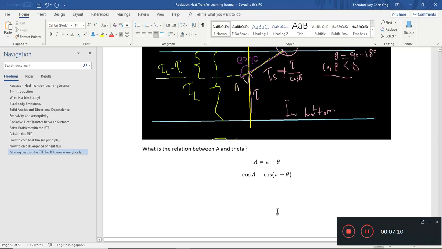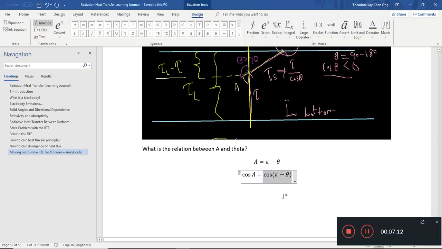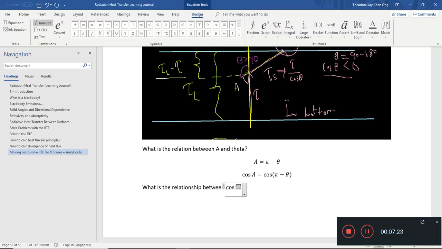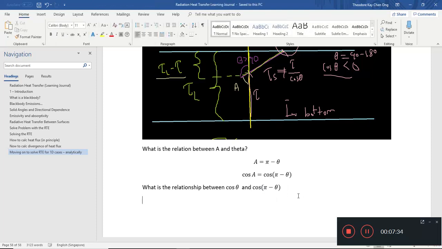Now, what's the relationship between cosine of pi minus theta and cosine theta? This is where you use your trigonometry again.